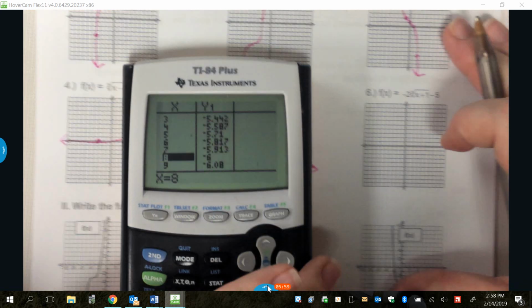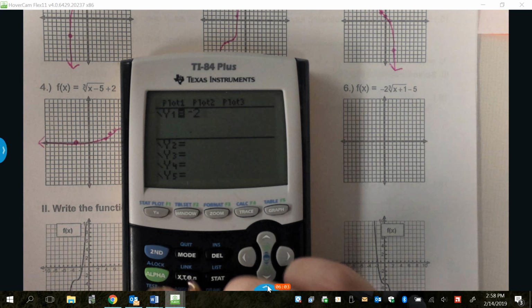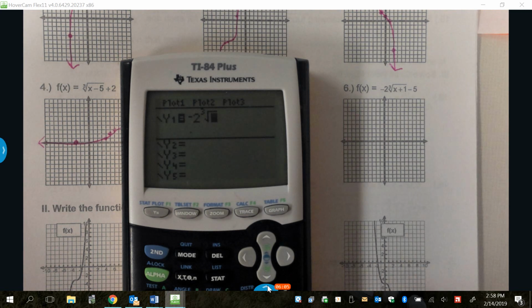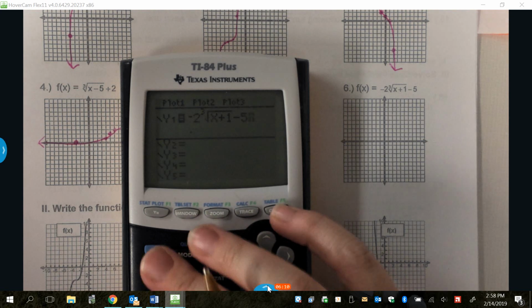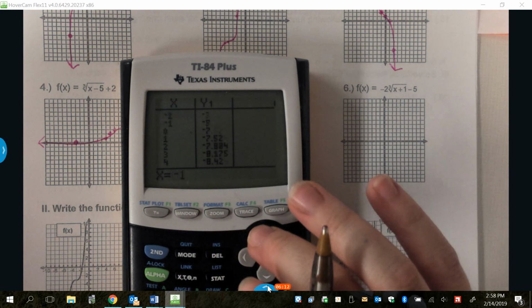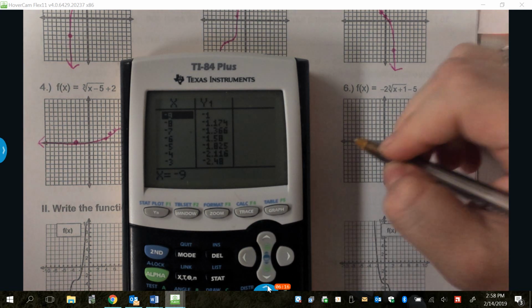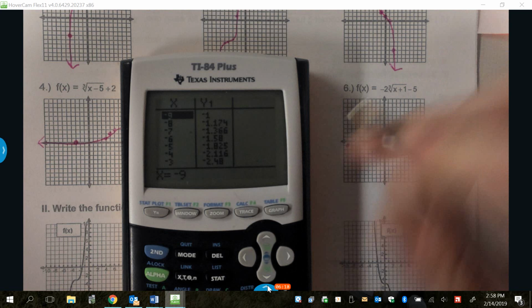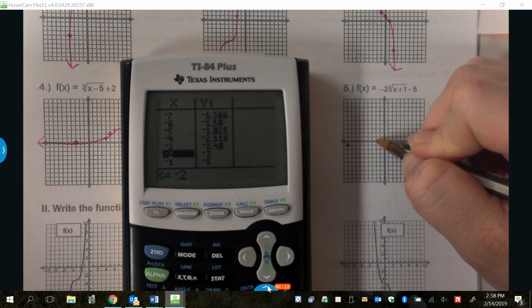Let's look at number 6. Negative 2, math 4, x plus 1, outside minus 5. Start at negative 10. So negative 9 is negative 1. Negative 2, negative 3, negative 2.